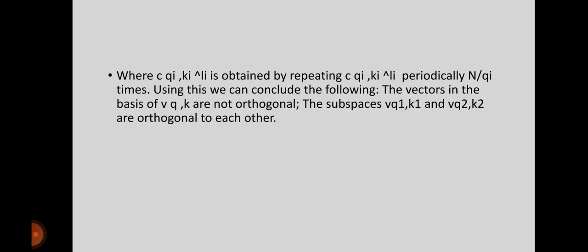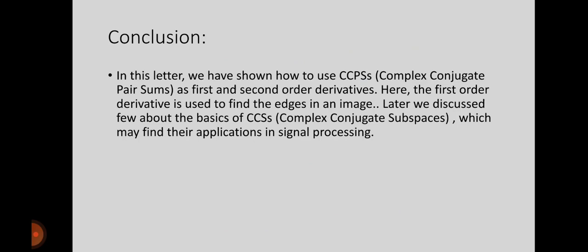Using this, we can conclude the following: the vector is the basis of V q k and is not orthogonal. The subspaces V q1, k1 and V q2, k2 are orthogonal to each other. So by that we can prove that the subspaces V q1, k1 and V q2, k2 are orthogonal to each other.